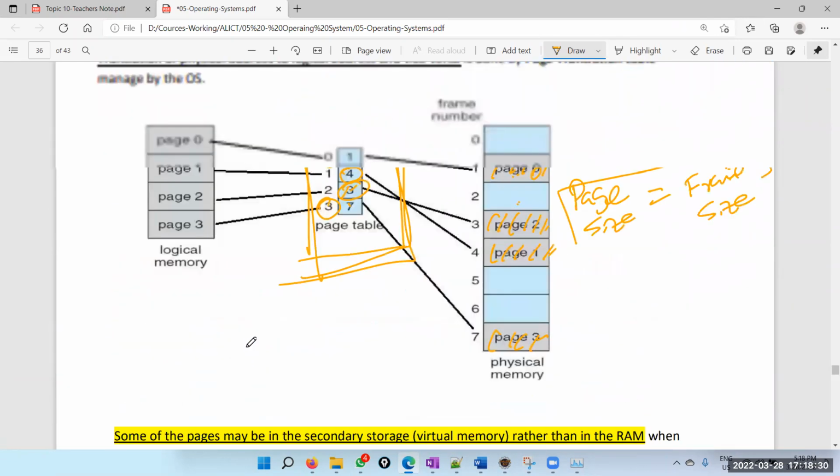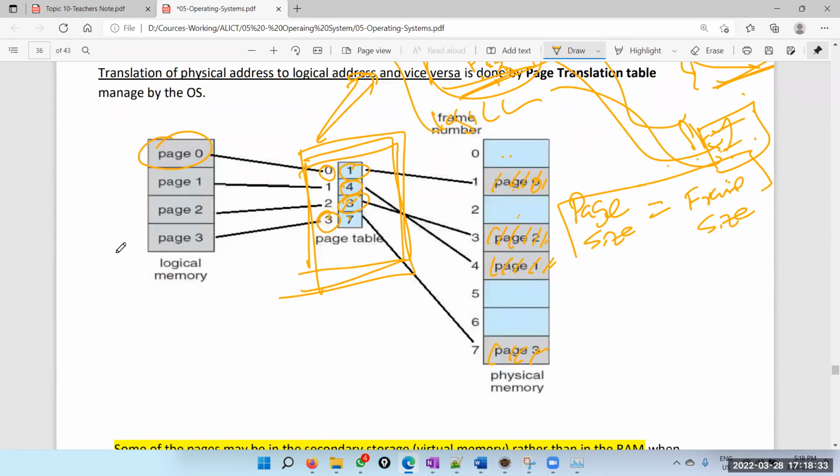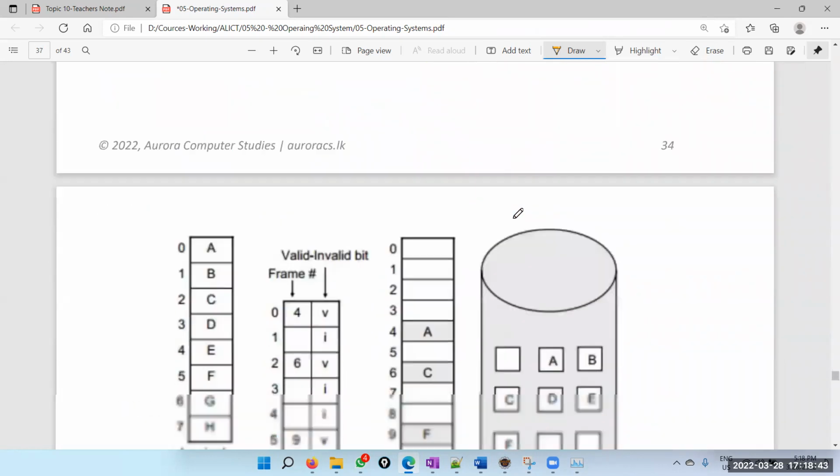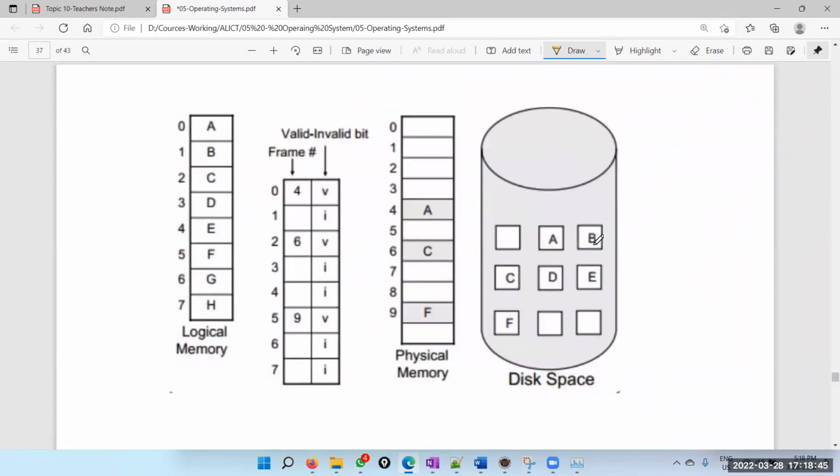Then I told you that this is a happy scenario where every page is mapped to a particular frame, but there can be a situation where your physical memory is running out of space. In that case, it has to put that page into the virtual memory, or the disk space. So how do you know that it is not mapped to a particular frame? That is where your page table has another field.